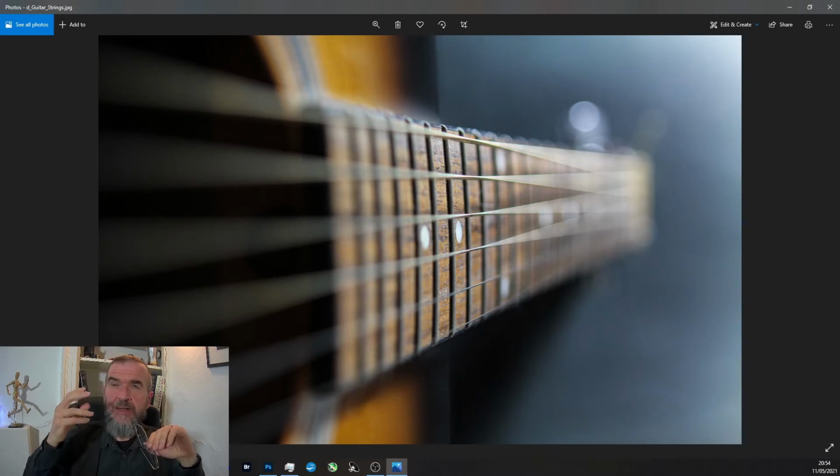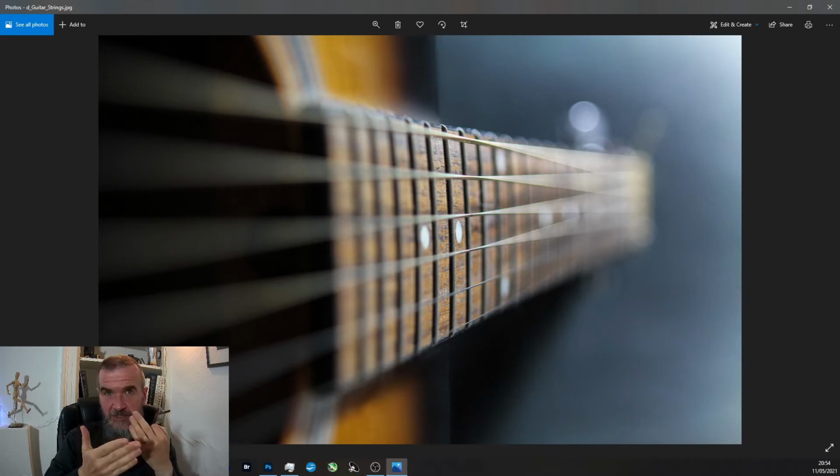So if you use a relatively narrow depth of focus, so you've got a relatively wide aperture, then stuff in the foreground, or wherever you decide to focus, is going to be in focus, and stuff in the distance is going to be out of focus. So if you notice on this, it's around this fret, just by the edge of the guitar there, the 15th fret, that's in focus.